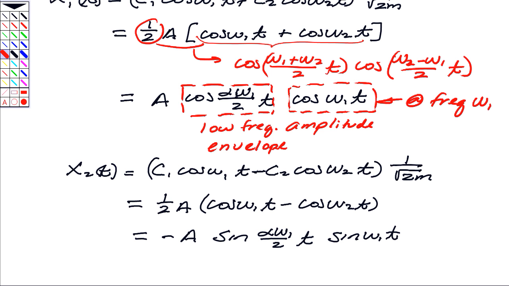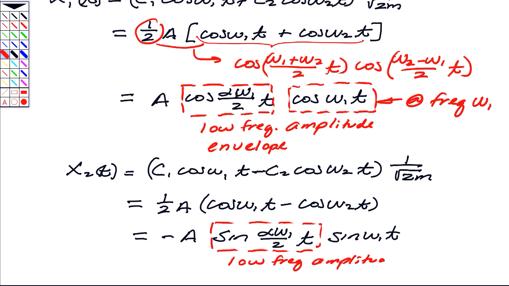It becomes in terms of sines rather than cosines. But you get the same kind of thing. This is a low frequency amplitude envelope. That envelope is multiplying a contribution which is at the same frequency, omega 1.